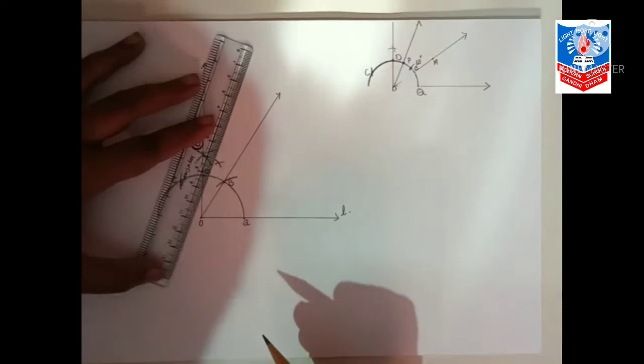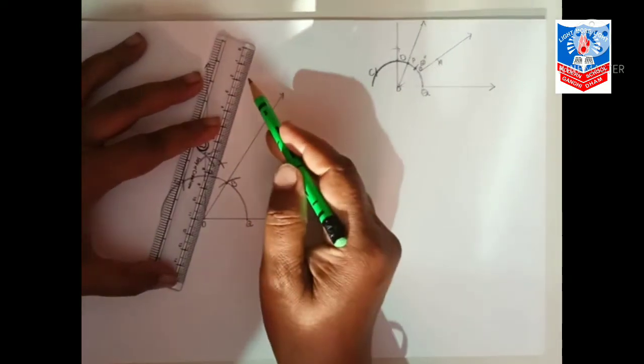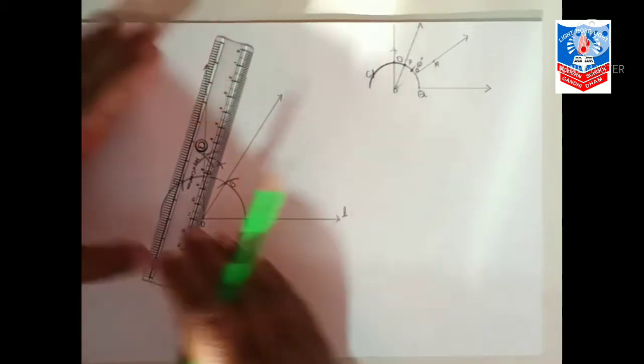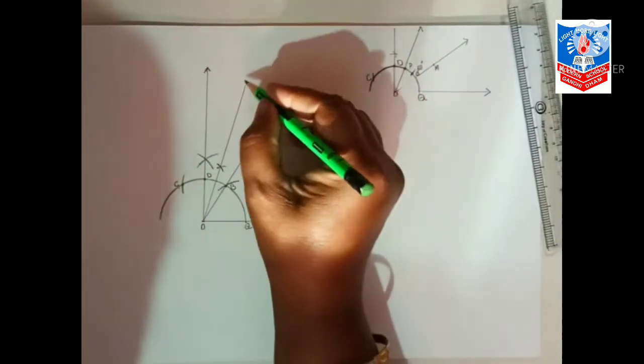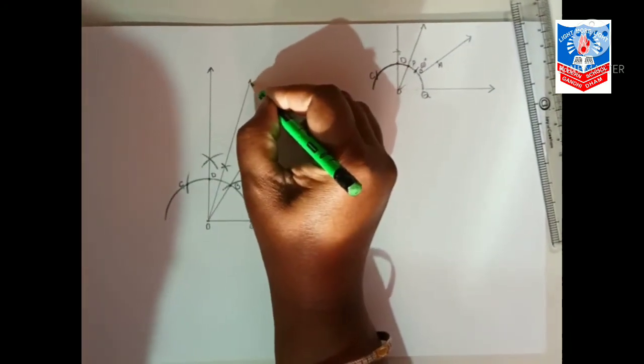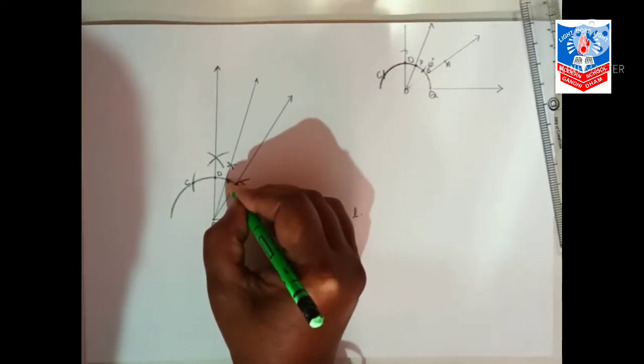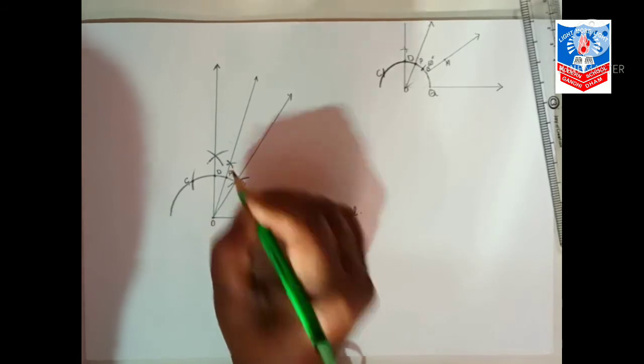Now join this. Now see, this is a 75 degree angle. Now let us name this P.